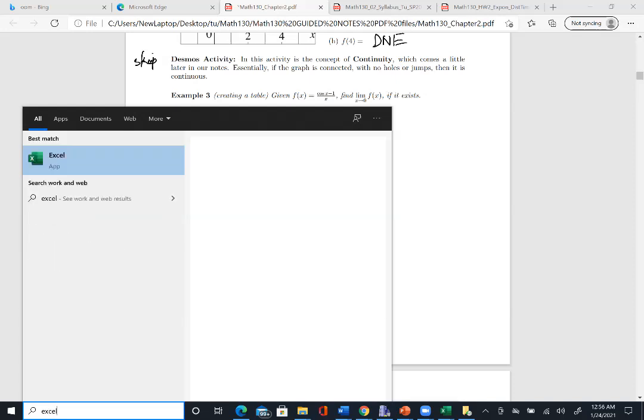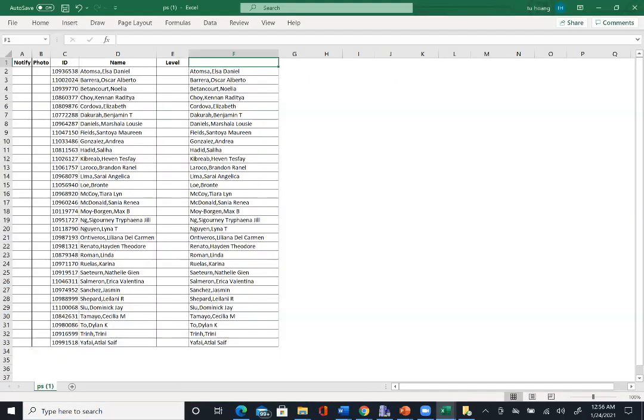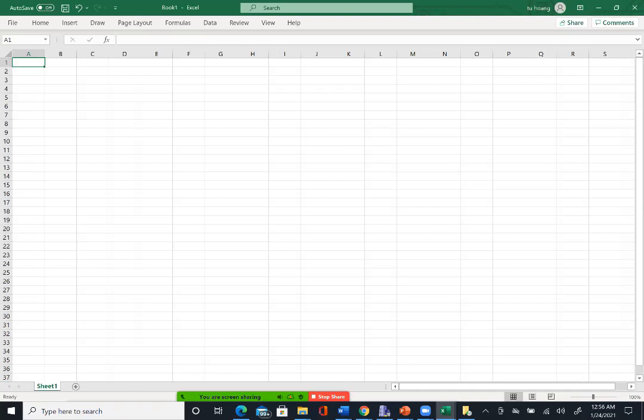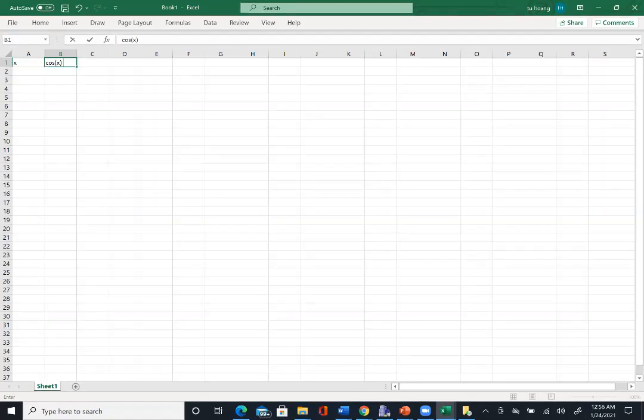So in Excel, I have X and I have cosine X minus 1, and then I need to have it divided by X. So yeah, that's right.